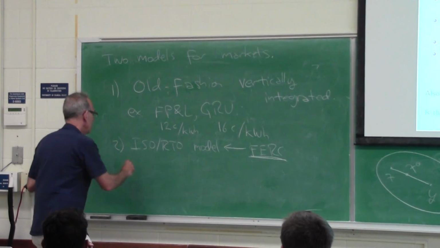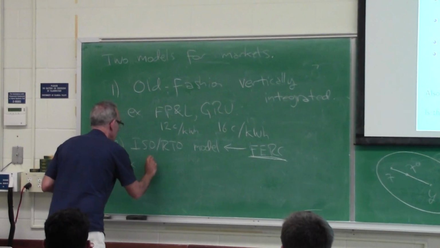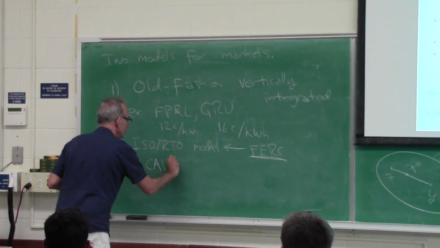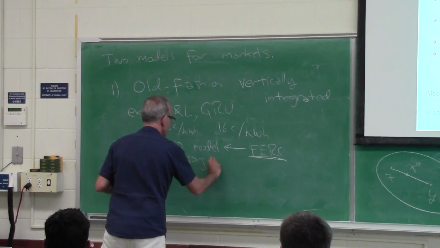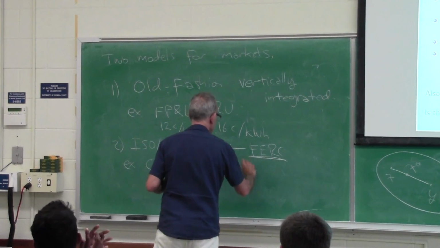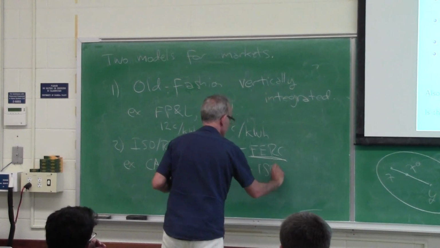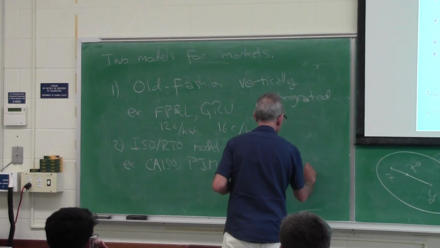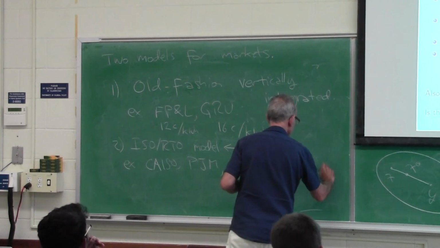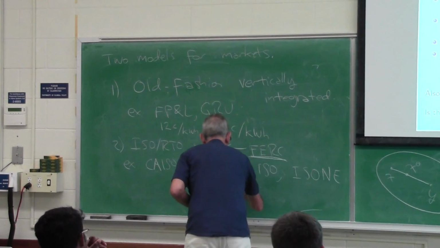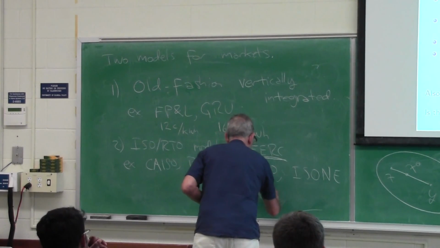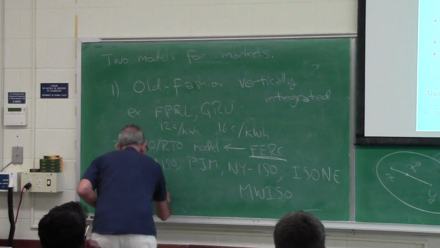So examples are here. You mentioned California ISO, PJM, New York ISO, ISO New England, and Midwest ISO. And yeah, SPP is the newest.